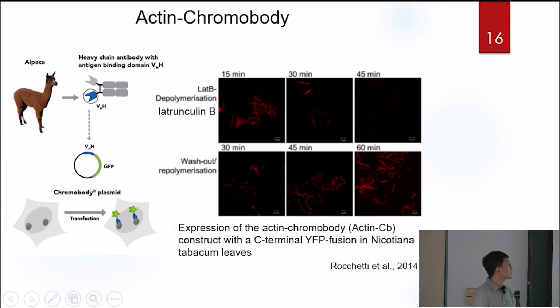You use the actin chromobody to visualize actin, and you treat with latrunculin B to dissociate actin. You can gradually see the F-actin filament dissociate. After you wash out the latrunculin B, actin can repolymerize and become actin filament again. So this is one example of seeing the actin structure and dynamics using the chromobody.